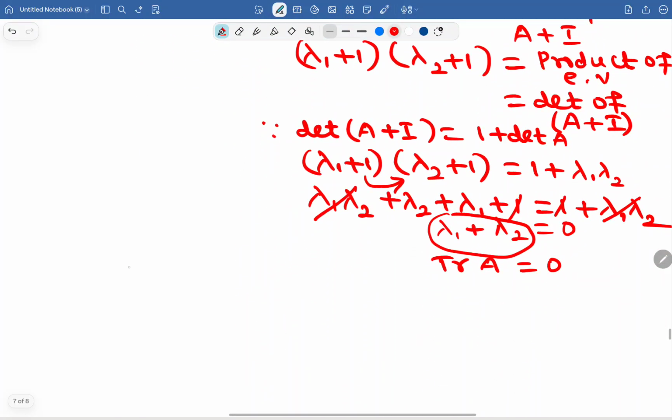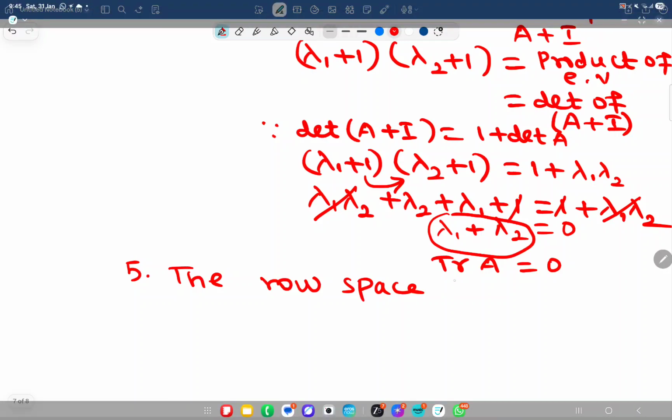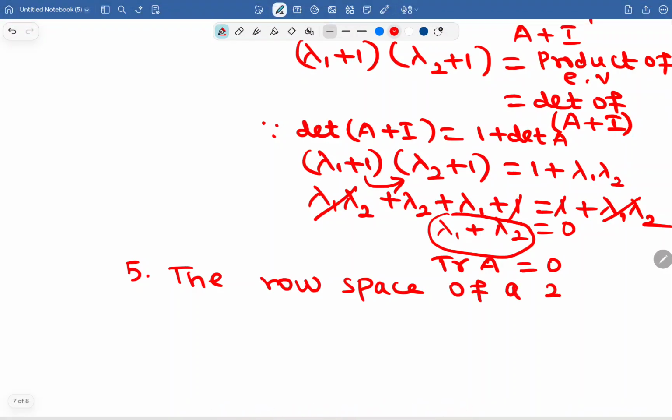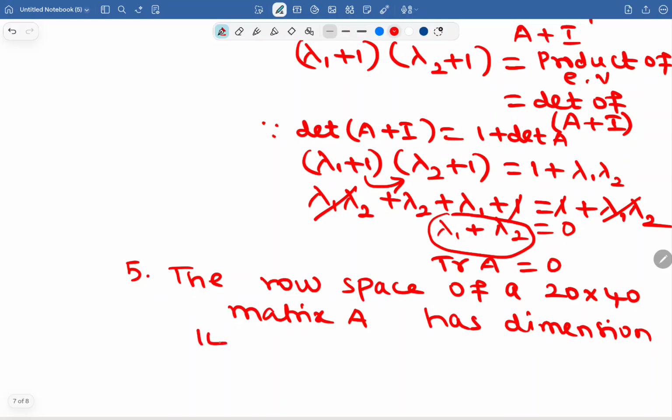Now problem number 5. The row space of a 20 cross 40 matrix A has dimension 14.